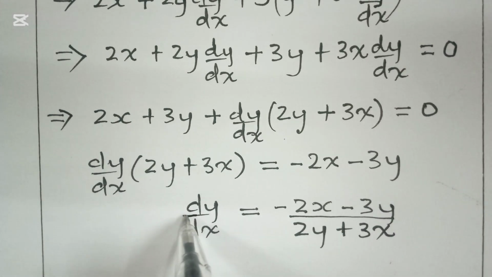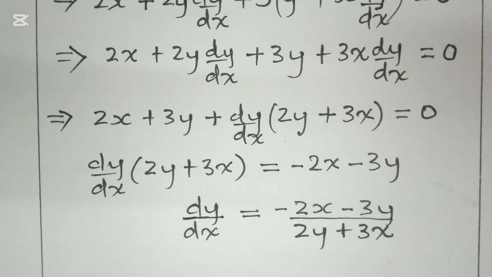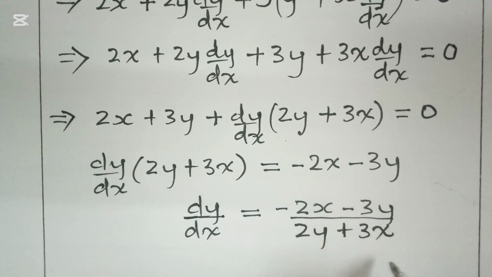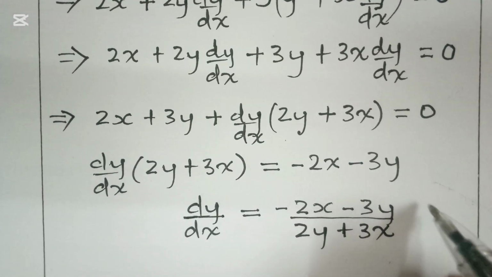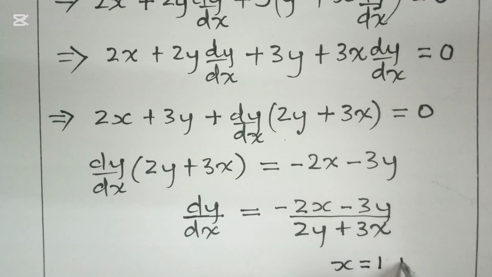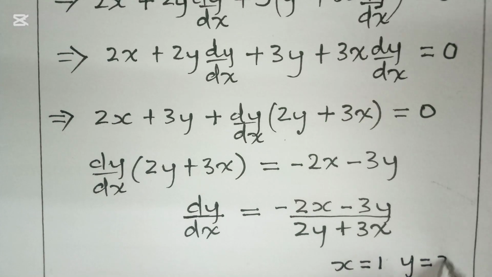So that now guys, I can find my dy/dx. That is what we call the slope. I'll now come and put in my point. The point I have is x equals 1 and y equals 2. That's my point.